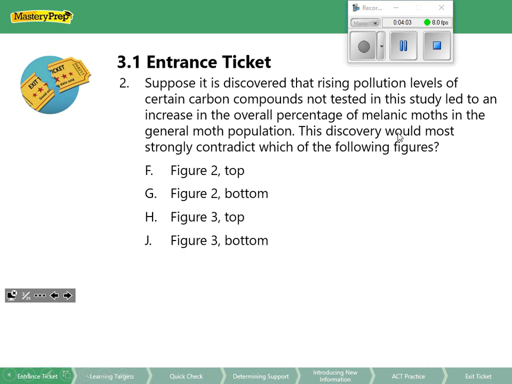Well, wait a minute, which one of the figures deals with our melanic moths? Top of figure 2 is the only one that deals with melanic moths, isn't it? So the correct answer is, yeah. That's it.